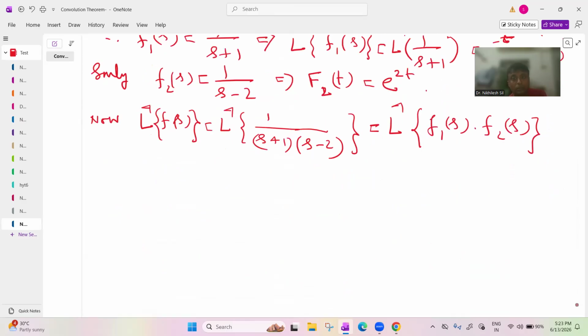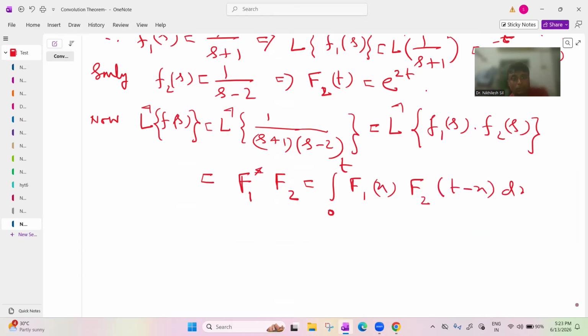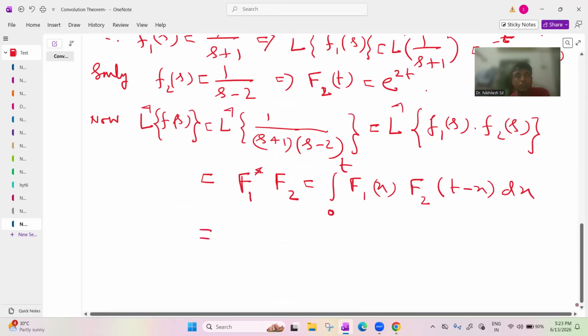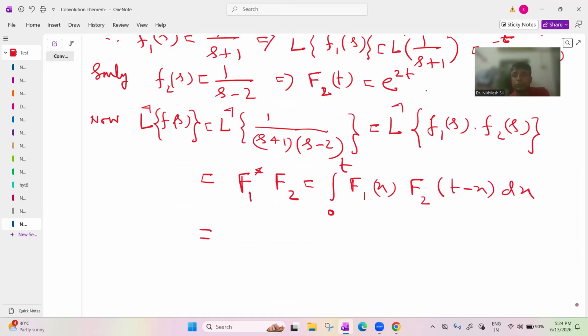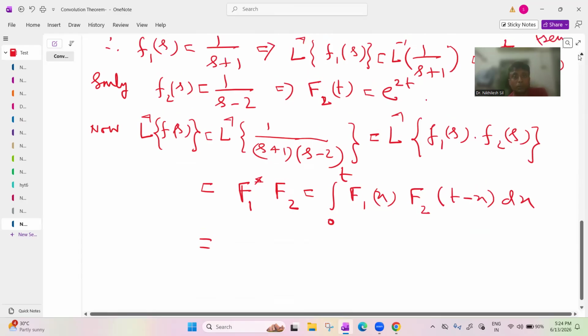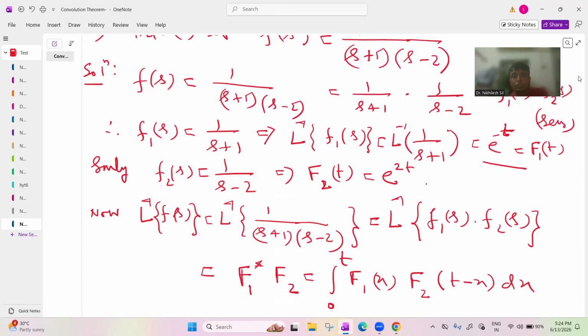This is equal to f1 convolution f2, which is equal to integration 0 to t f1(x) f2(t minus x) dx. Now what is f1(x)? f1(x) is equal to f1(t), where f1(t) is equal to e to the power minus t and f2(t) equal to e to the power 2t.